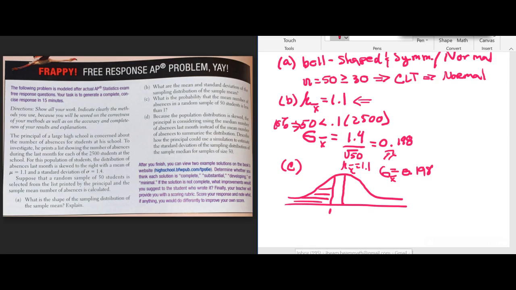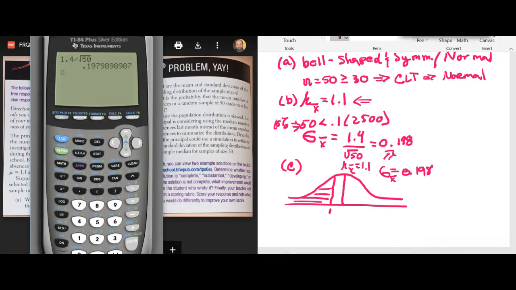So this is where I go to the calculator and I go second bars. And I need the normal CDF, which is option number 2. My lower bound is not there, so I need like an extreme value there. My upper bound is 1. The mean of my population is 1.1. The standard deviation of my sampling distribution is 0.198.